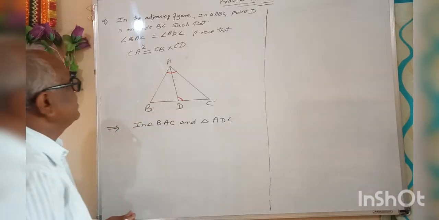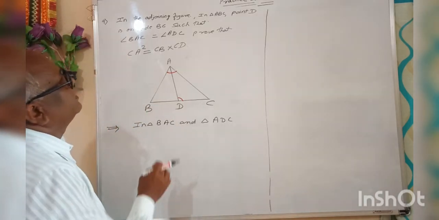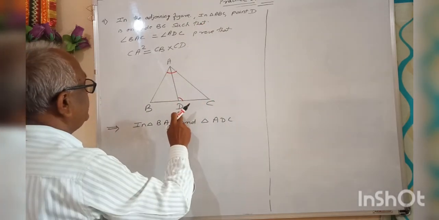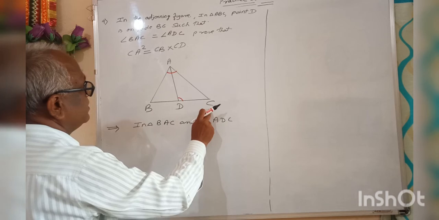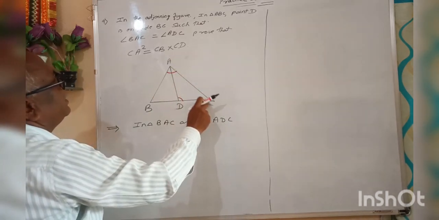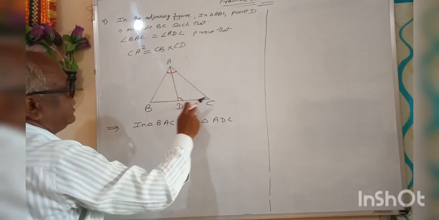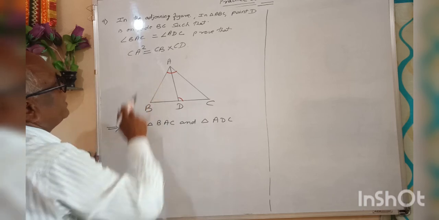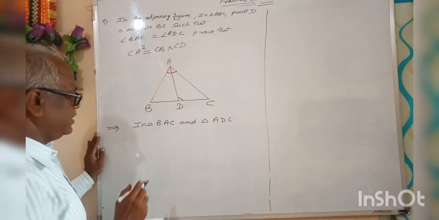Now, ninth example. In the adjoining figure, in triangle ABC, point D is on the side BC, such that angle BAC is equal to the angle ADC. Then prove that CA square is equal to CB into CD.